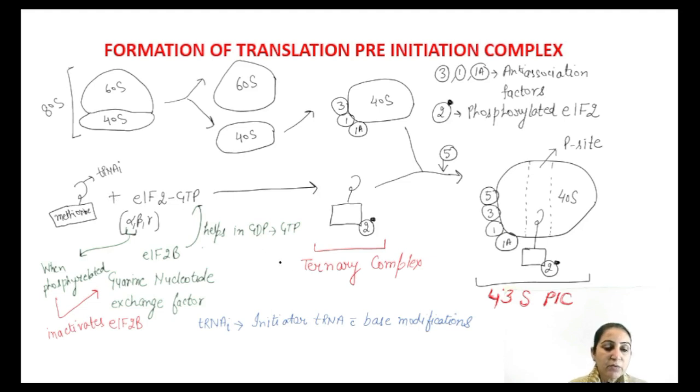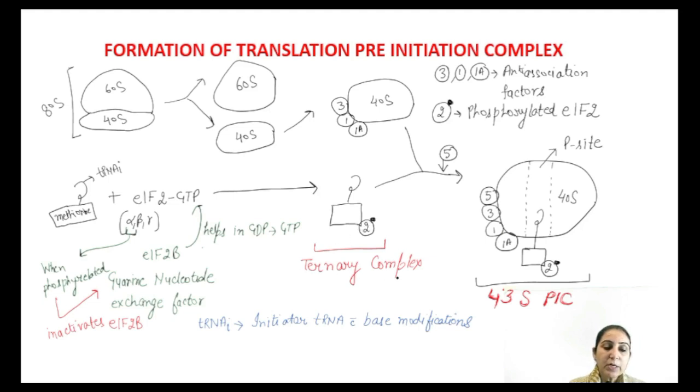First, we have to make a ternary complex. This ternary complex is formed when this initiator tRNA binds with initiation factor 2 in the GTP-bound form. We have shown GTP here. So this structure is the GTP, and this is our initiation factor 2.